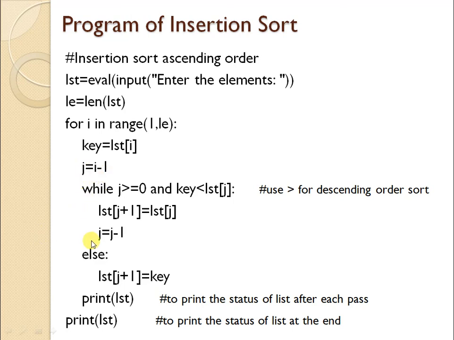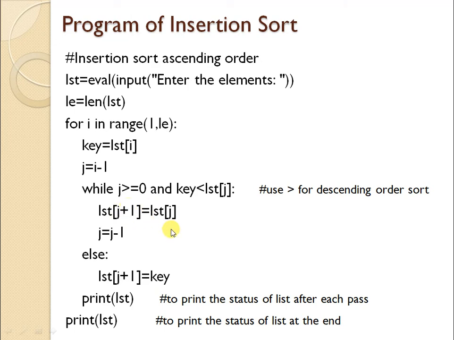Then you decrement it and you go to the left of I minus 1, the first value, then I minus 2, I minus 3, I minus 4 and so on. You will move up to 0, not beyond 0. And you will also check that the value you are comparing, that is LSTJ, is greater than the selected element, only then you should shift LSTJ to LSTJ plus 1.